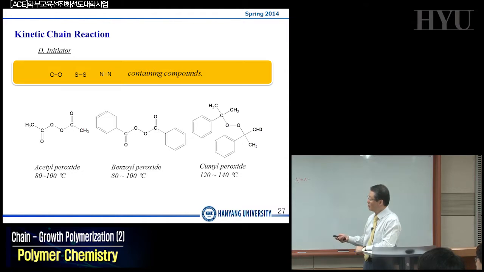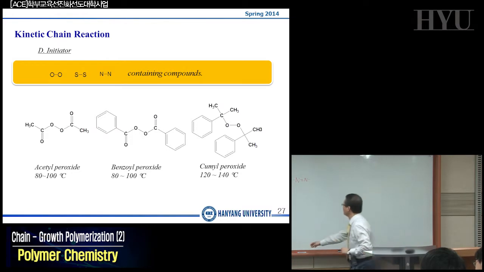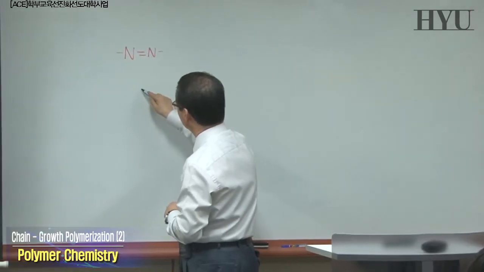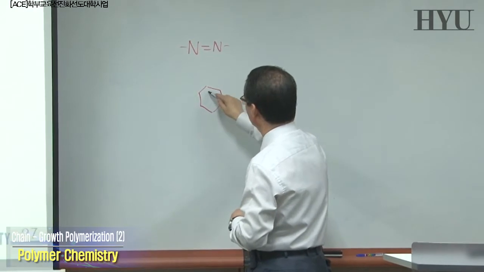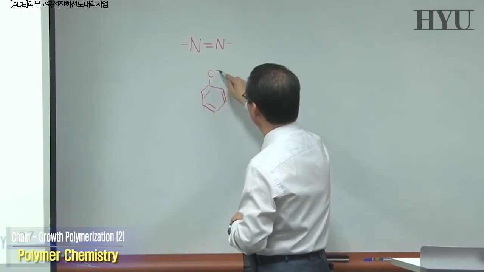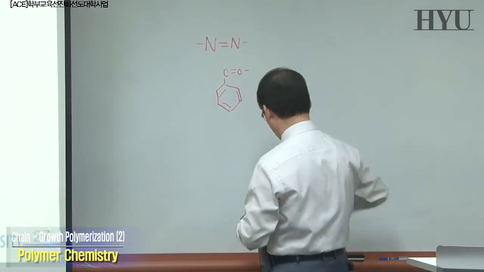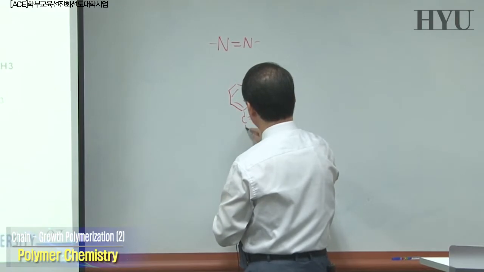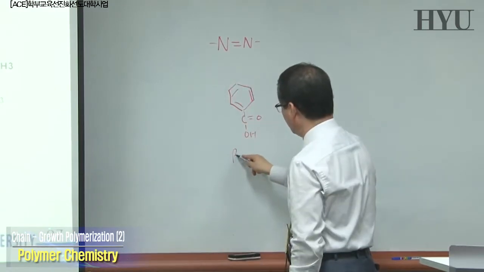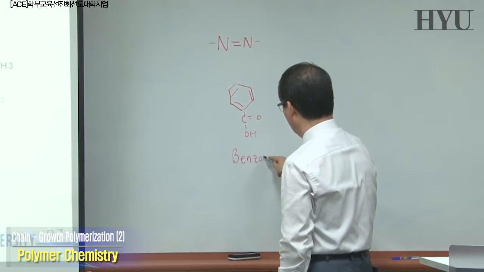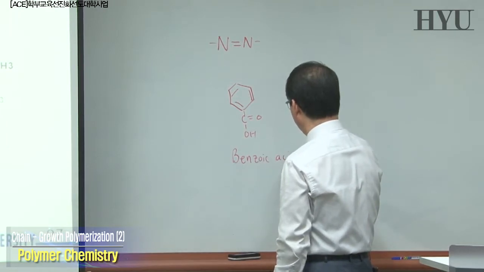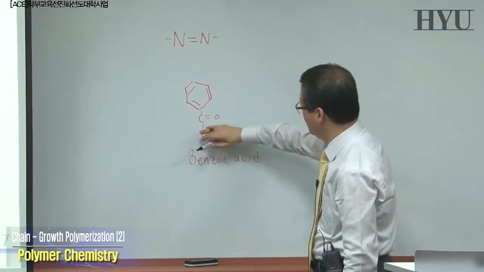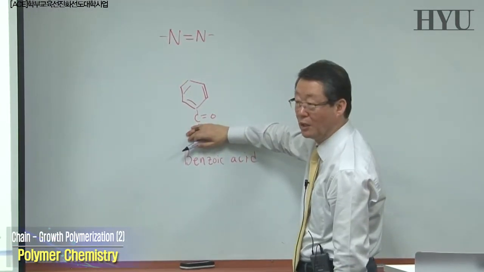We have a benzoyl group, two benzoyl groups with one peroxide. Okay, why benzoyl? This is called benzoic acid. Okay, so this term is called benzoyl.